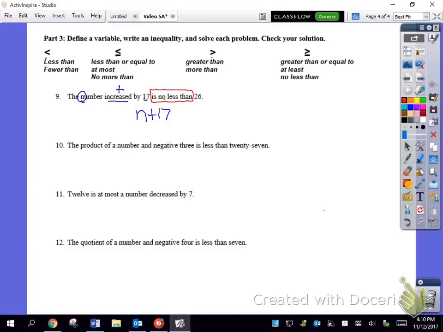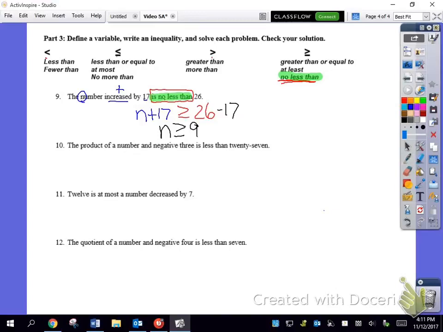Look for is no less than, it's right here, okay? So that is the inequality that you're going to use. So greater or equal to 26. Now I'm going to solve it. The opposite of adding 17 is to subtract 17, so n is greater than or equal to 9.